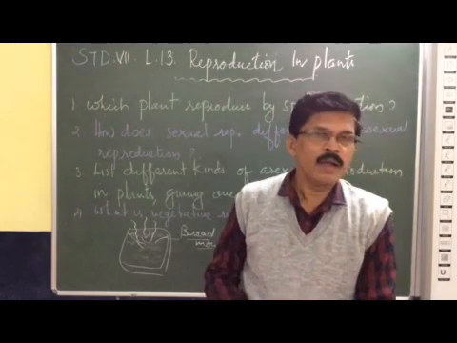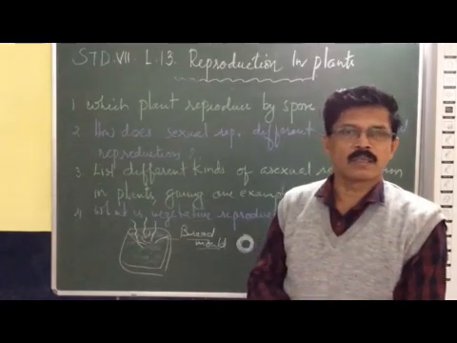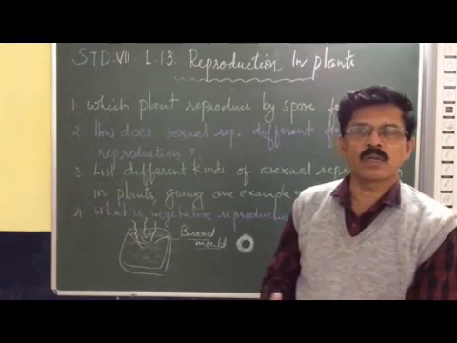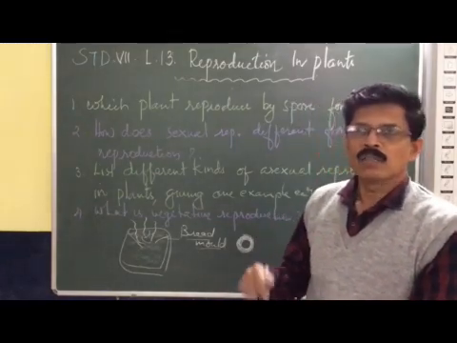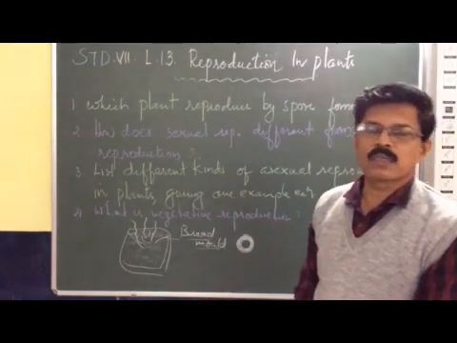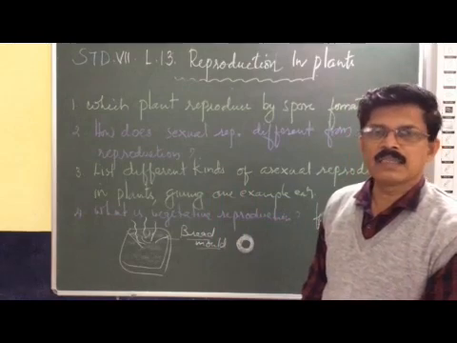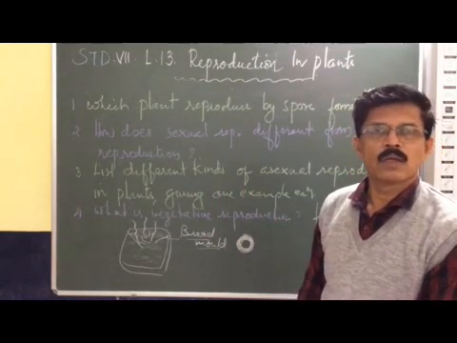Second point, in asexual reproduction there is no seed production. Seed formation is absent in asexual reproduction, whereas in sexual reproduction seed formation is there. Okay. Now, third point, in asexual reproduction, the young ones formed are exactly similar to the parent.